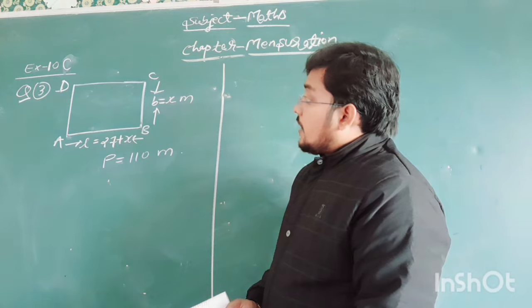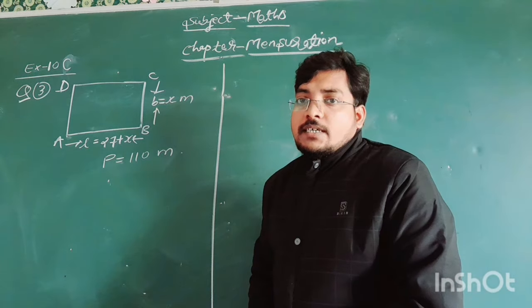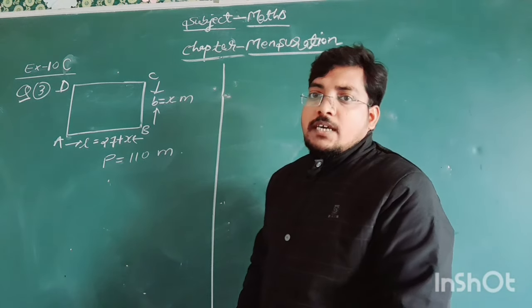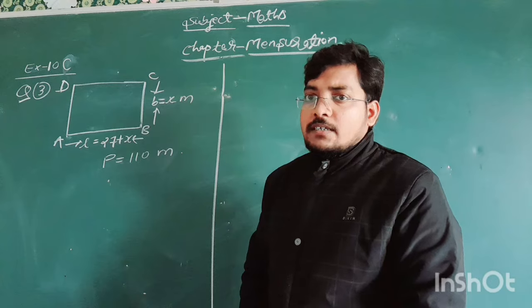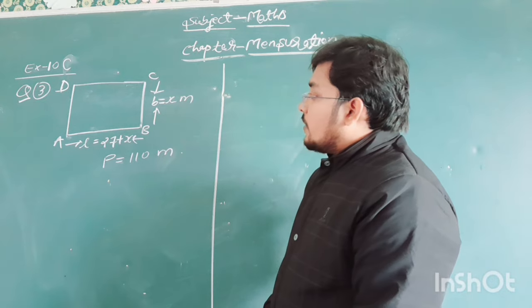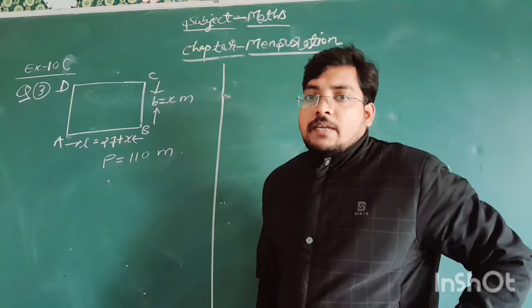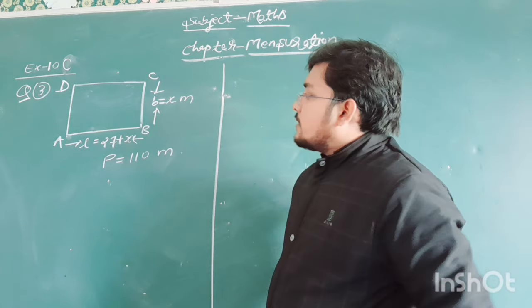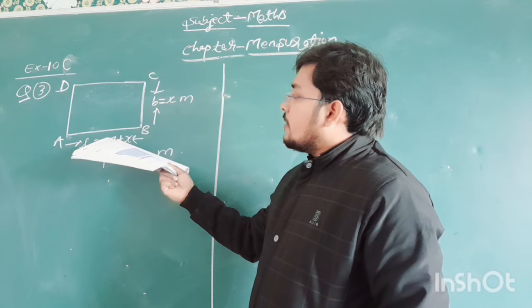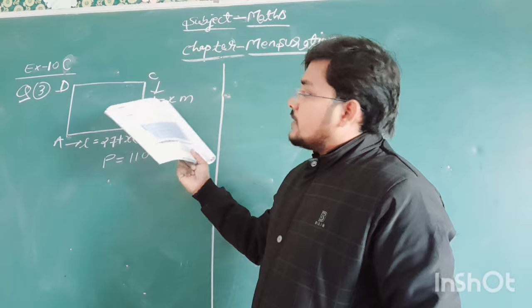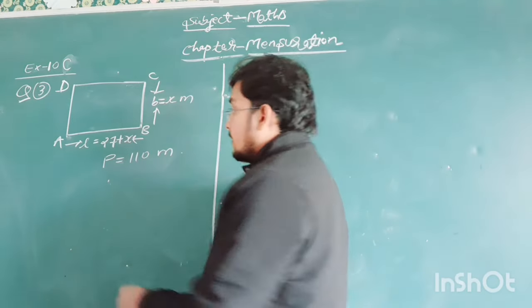After that we have to calculate the area of the rectangle, which is L into B. Area of a rectangle is equal to L into B.